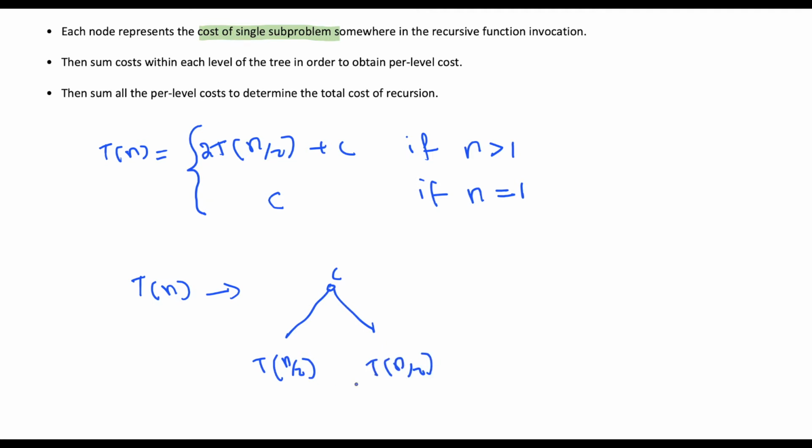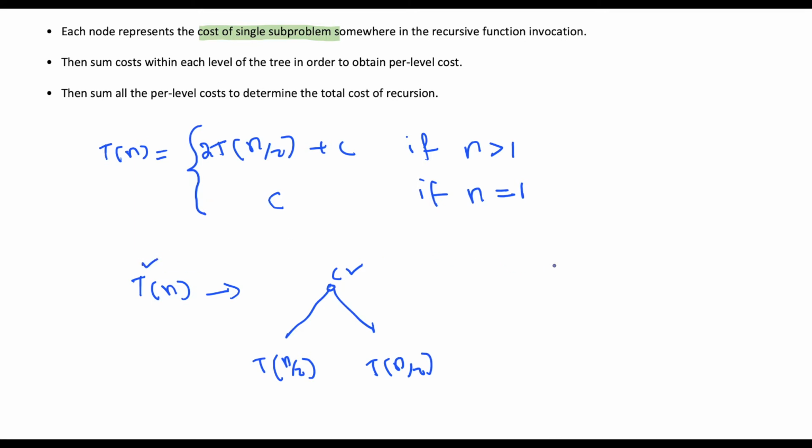When you look at this tree structure, you can see that this is essentially representing this part of the equation. We have a total cost of C, and on top of that you have to solve two problems of size n by 2. So the total cost will be 2 into T of n by 2. If you add T of n by 2, T of n by 2, and C, you will get the value of T of n.